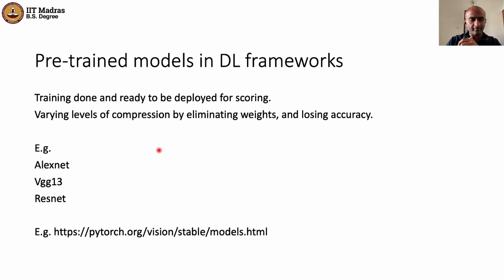Fast AI is one such example. OpenAI is another example. They recognize the fact that not everybody has access to massive amounts of labeled data, and not everybody can afford clusters of GPUs. In fact, very few people can.